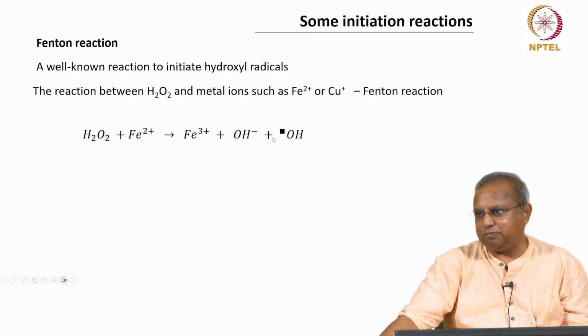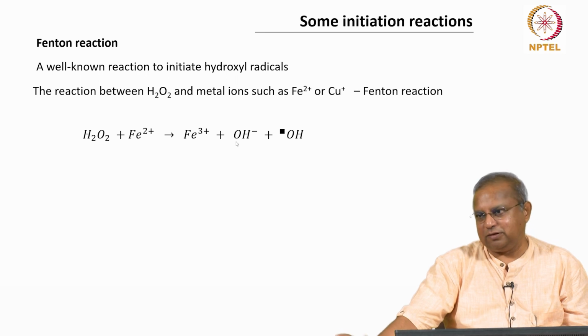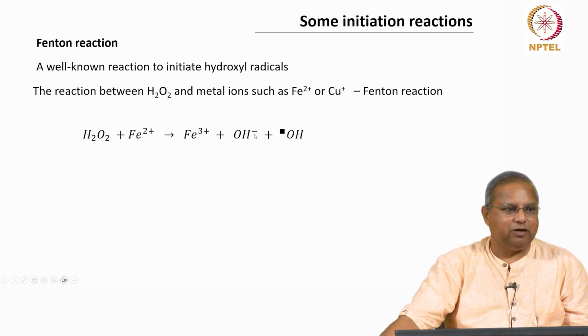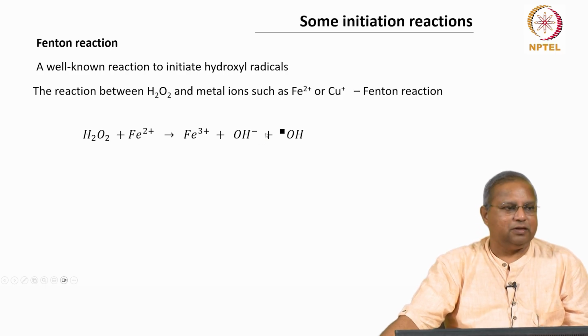You just cannot compare. Hydroxide is what you're most comfortable with in the context of acids and bases and so on and so forth, but that is very different from the hydroxyl radical. Hydroxyl radical is a free radical which has an unpaired electron and is highly reactive, much more reactive than the hydroxide ion. Any questions?